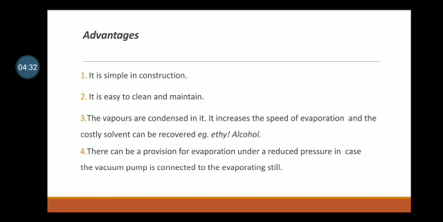Advantages: it is simple in construction, it is easy to clean and maintain, vapors are condensed in it, it increases the speed of evaporation, and the costly solvent can be recovered, for example ethyl alcohol. There can be a provision for evaporation under a reduced pressure in case a vacuum pump is connected to the evaporating still.